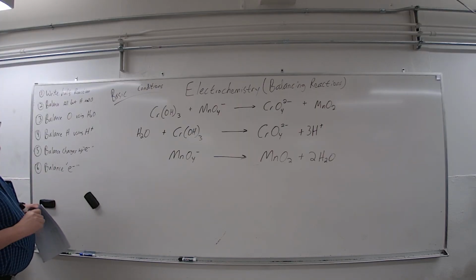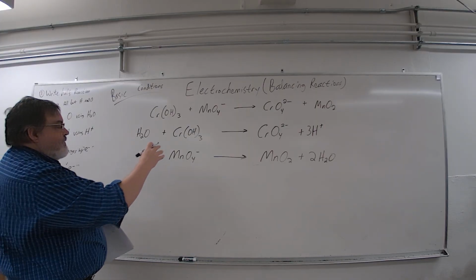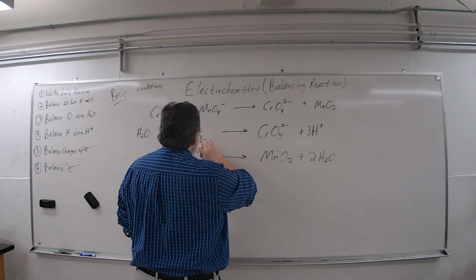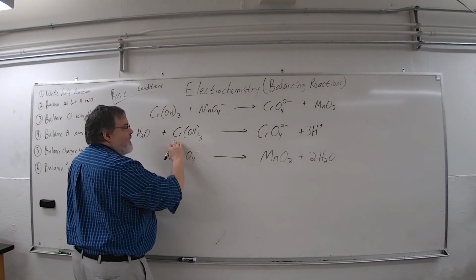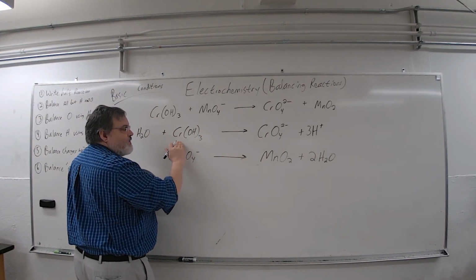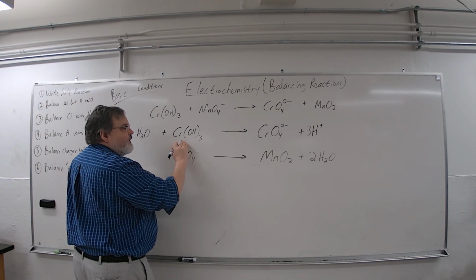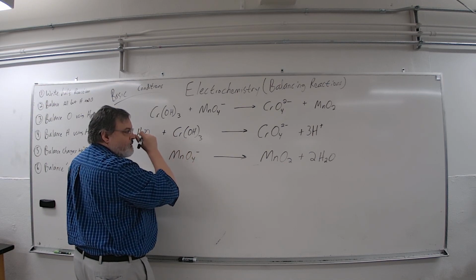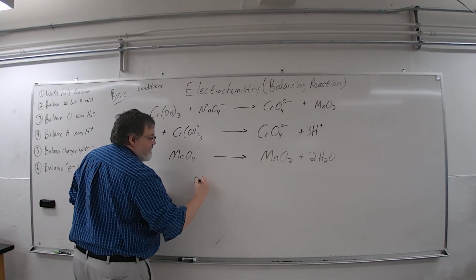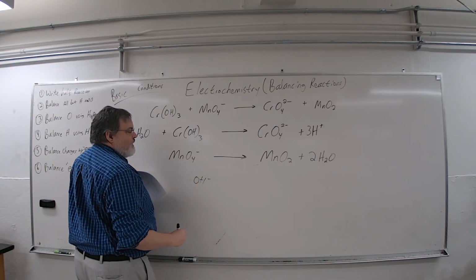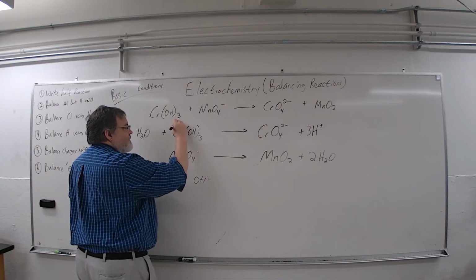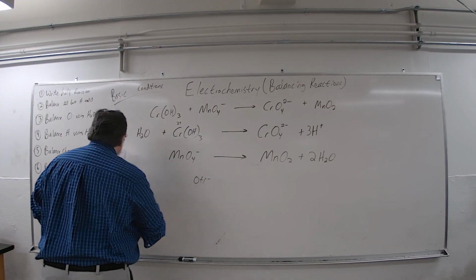Okay, electrons. You got neutral chromium here. Actually, it's not. What's the charge on chromium here? Do you know? So OH is negative, and there's 3 of them. So this is 3 plus over here.